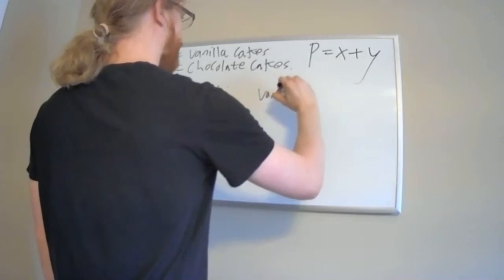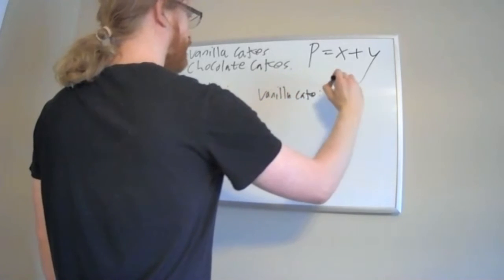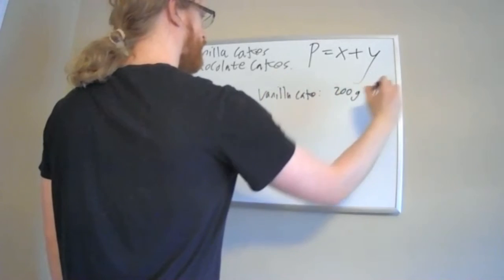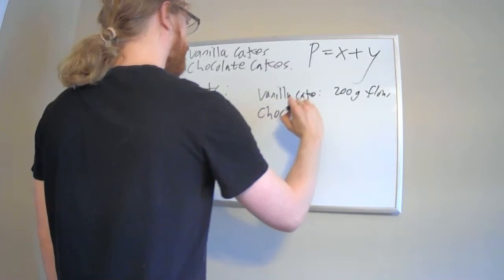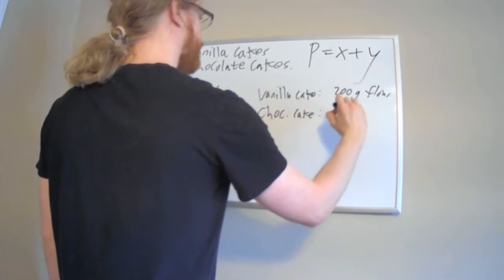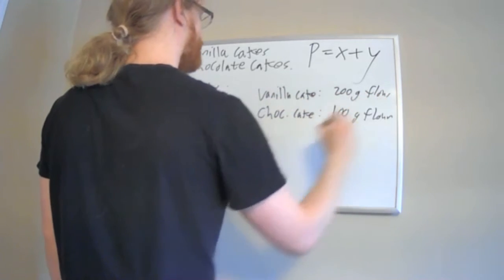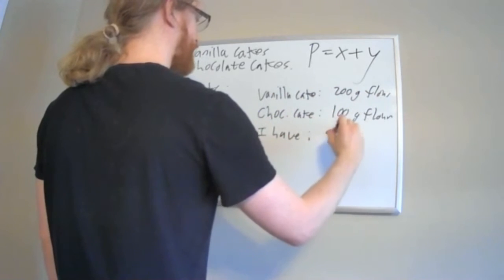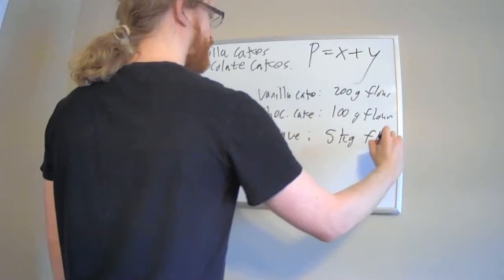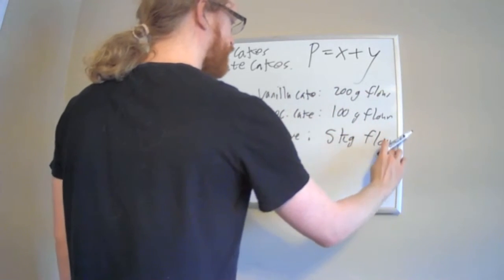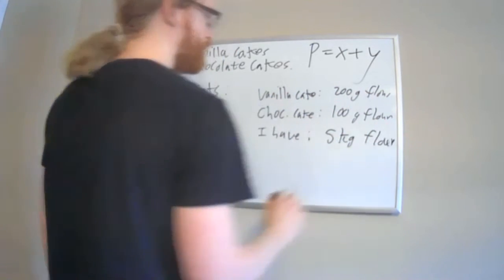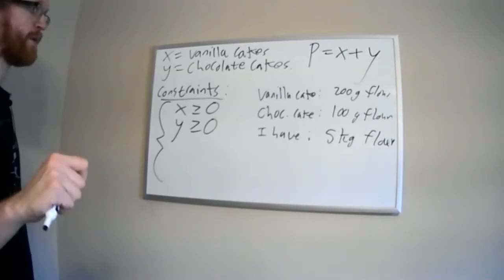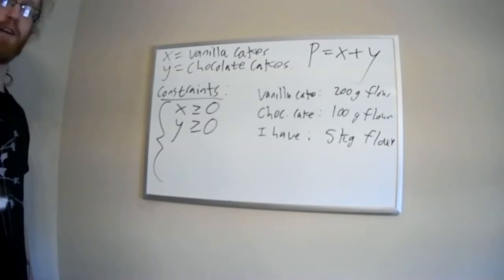The vanilla cake takes 200 grams of flour, and chocolate cake takes 100 grams of flour. And in total, how much do I have? I have 5 kilograms of flour. So there's a difference between kilogram and gram, right? Those are just different units. So I better convert between them to make sure that everything I'm writing down makes sense. It doesn't make sense to add kilograms to grams, but it does make sense to add grams to grams.